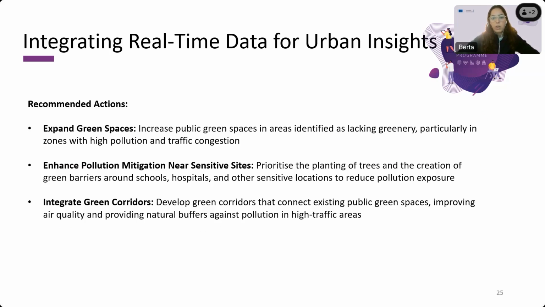We can also enhance pollution mitigation near sensitive sites, prioritizing the planting of trees and the creation of green barriers around sensitive areas, such as schools, hospitals, and residential zones.